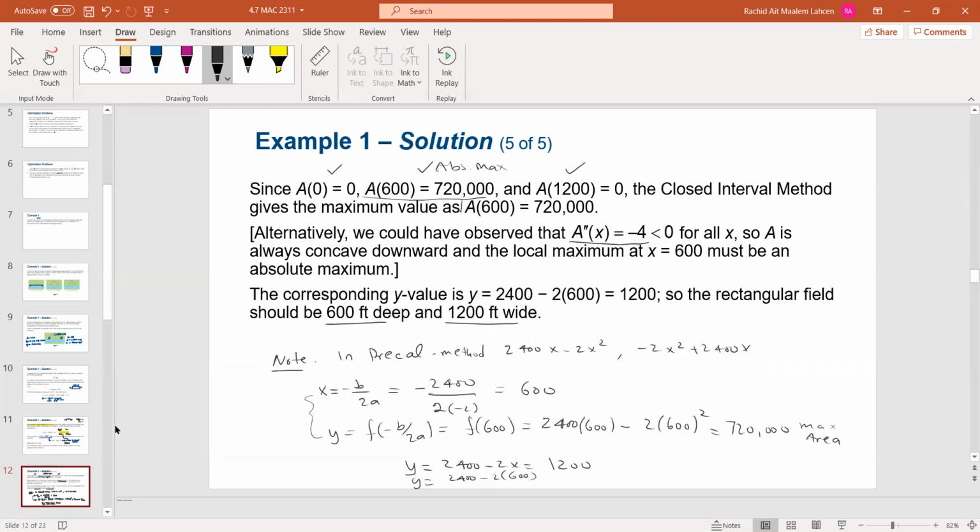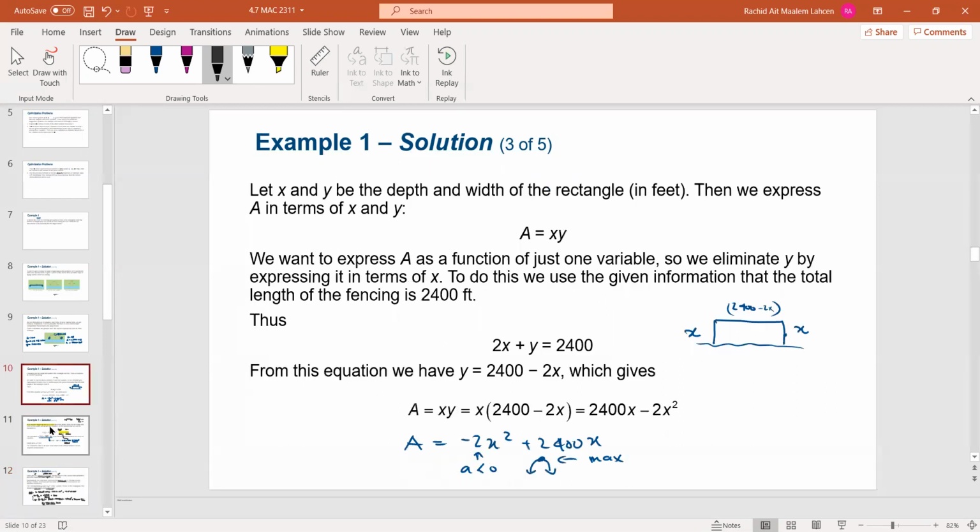Then when you do 600, you find the absolute maximum. So there is a maximum at 600. And that's it. So what is the y value there? We go back to that and replace it. So the maximum area is going to be happening at 600 by 1200.